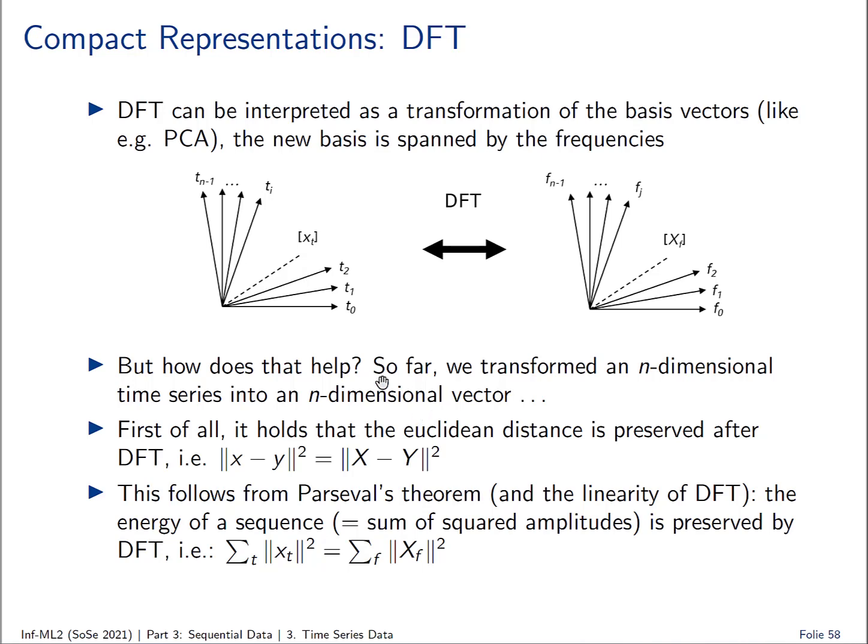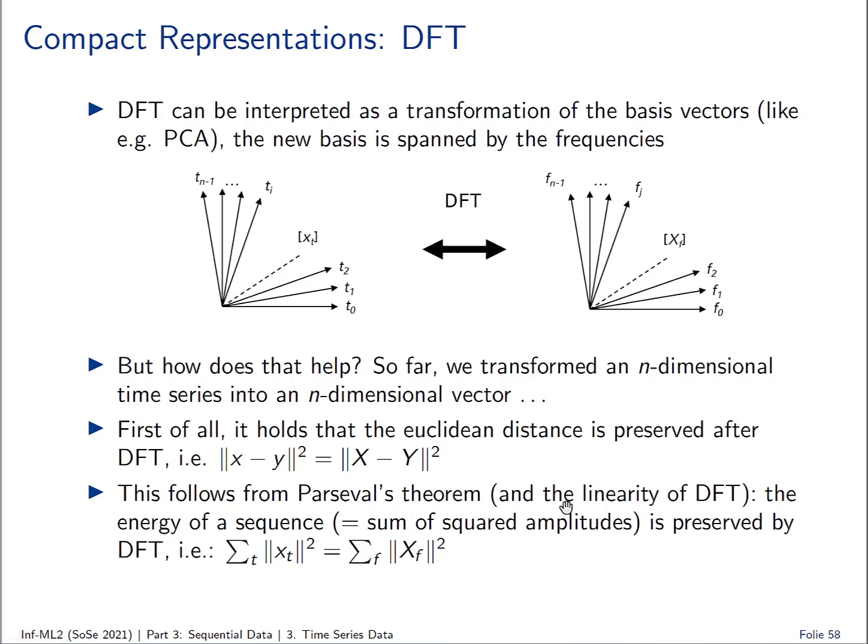Well, the nice thing of this transformation is that, first of all, the Euclidean distance is preserved after the transformation. So the Euclidean distance on the original time series in the original time space is the same as the Euclidean distance in this new frequency space, which follows from Parseval's theorem.